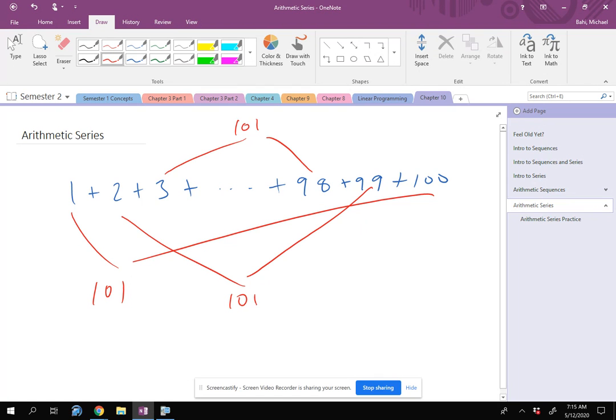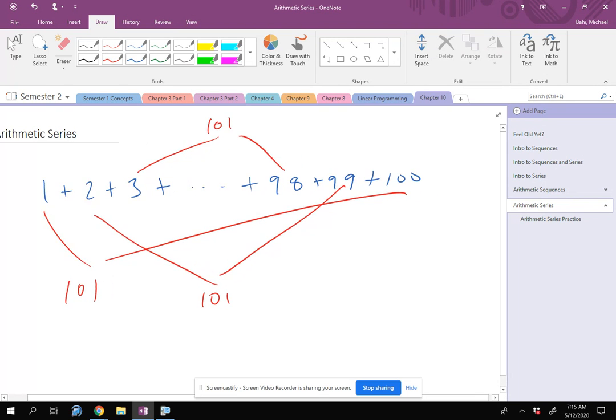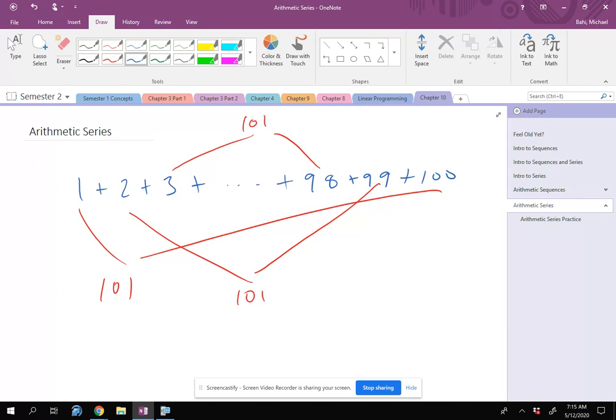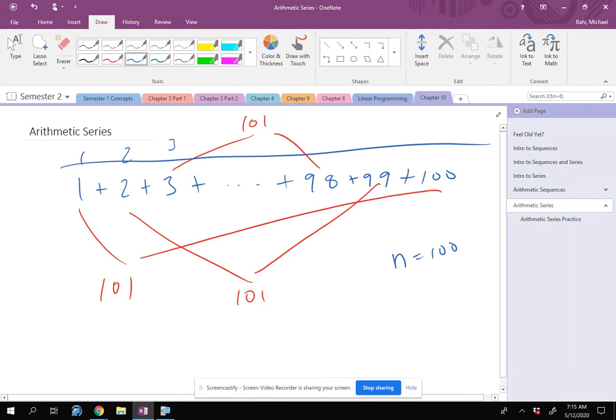So if there's 100 numbers, in other words, n is 100, and a sub n is also the same value as n.